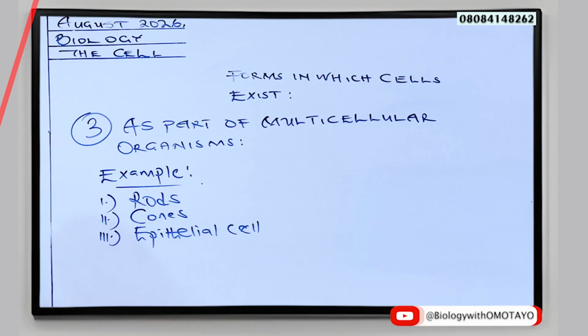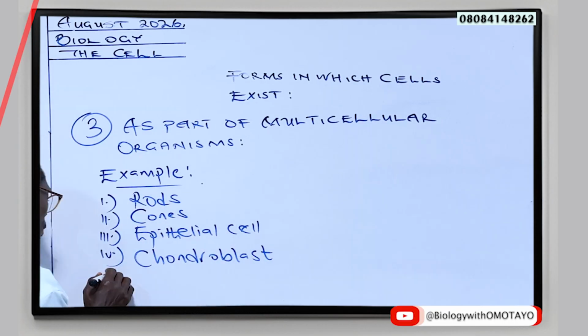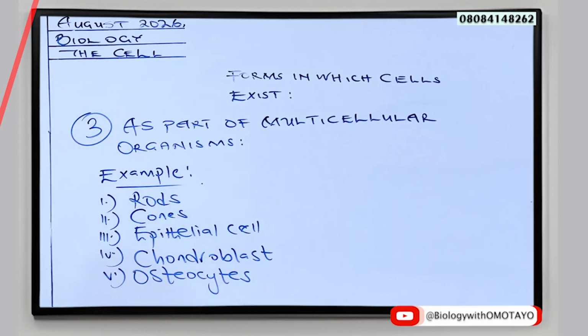Epithelial cells, these are cells of sensitive lining in the internal body parts of man. Chondroblasts, cells associated with cartilages, the osteocytes associated with bone, and several other cells.